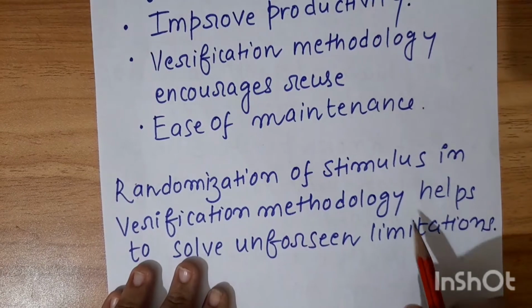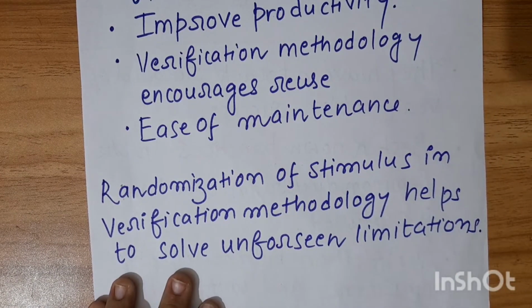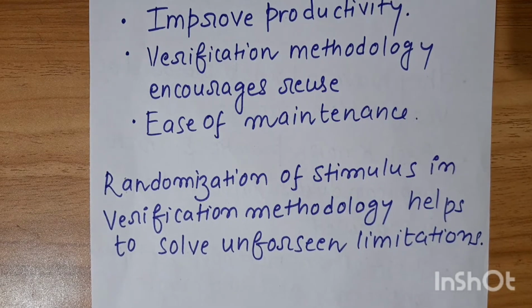The randomization of stimulus in verification methodology helps to solve unforeseen limitations in the design code. With the randomize function, we can randomize the config variables, the number of packets, environment parameters and variables in the code.